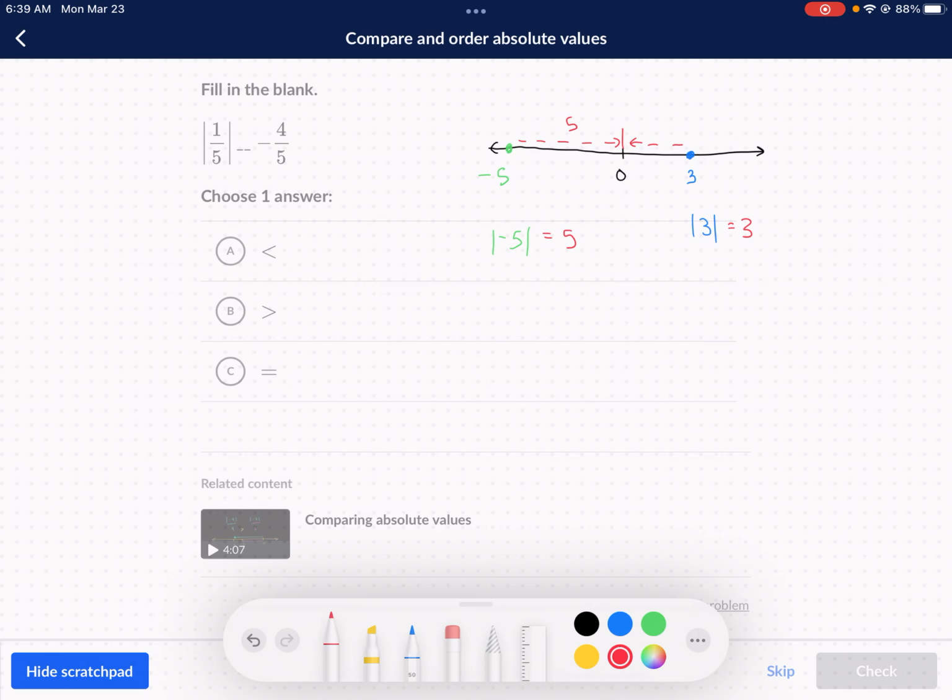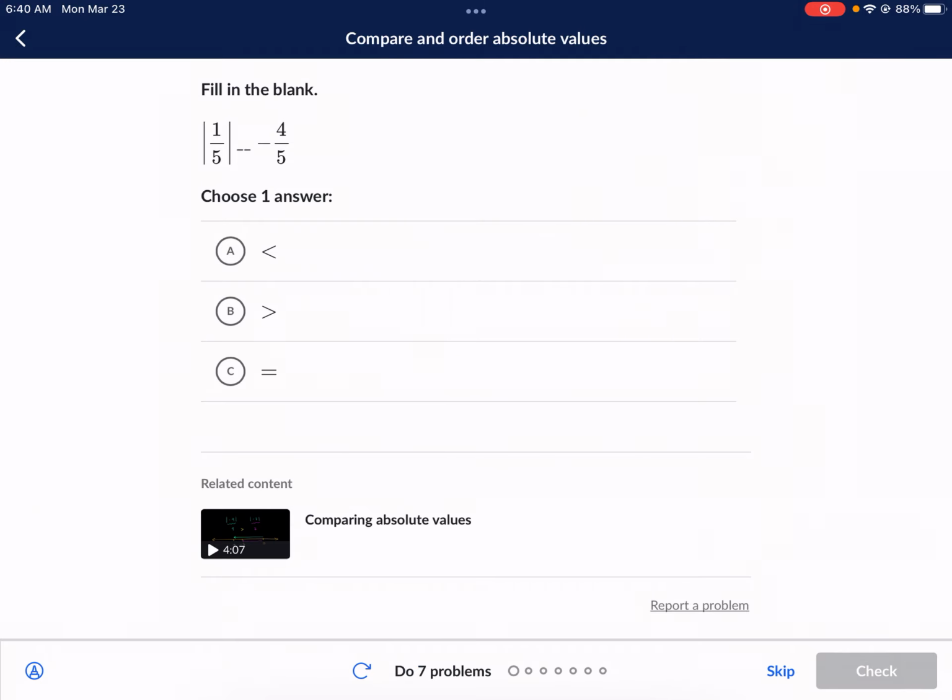A lot of students just interpret it to mean making it positive, and functionally that's what you do. One of the most common mistakes though I see is people correctly get this one, but then they write absolute value of 3 equals -3, and that is incorrect. You don't just flip it and make it the opposite. It's simply the distance from 0. So 5 and 3.